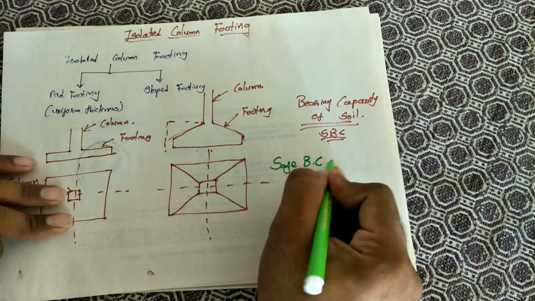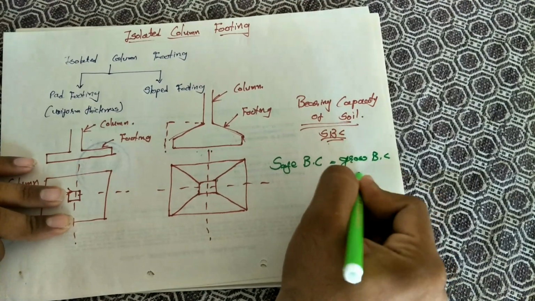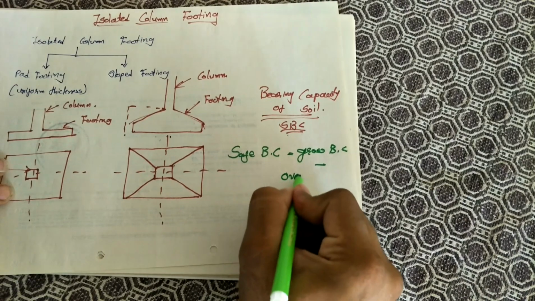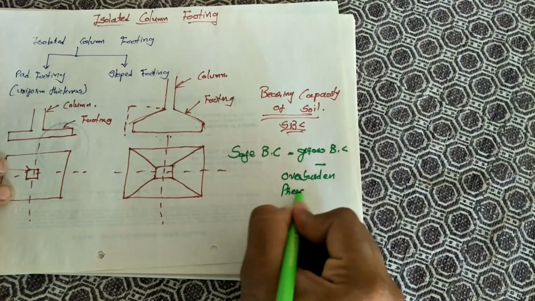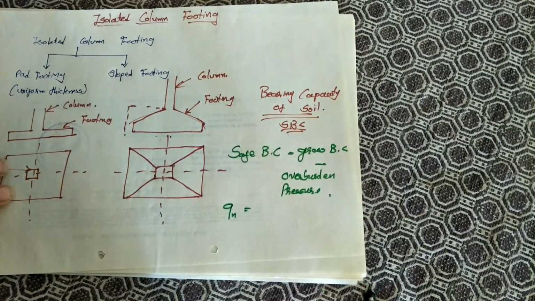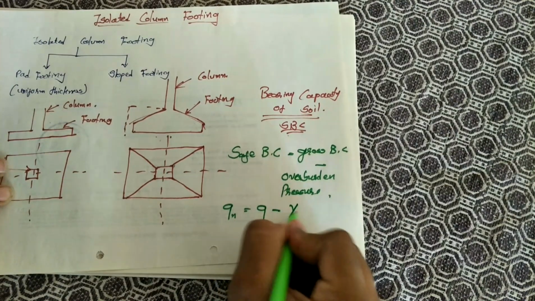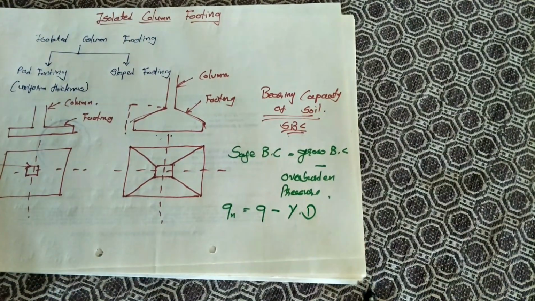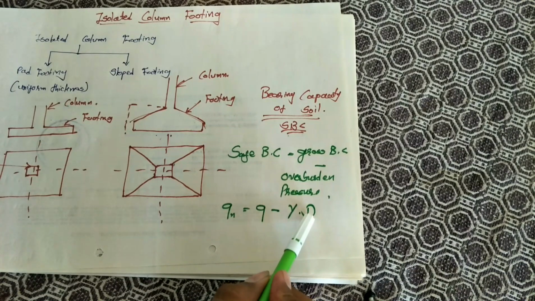So we can write that safe bearing capacity Qn is equal to gross bearing capacity minus overburden pressure, that is, gamma into D. Where gamma is the density of the soil and D is the depth of the footing.